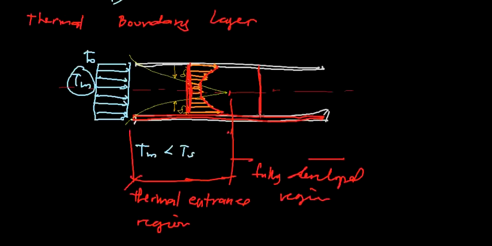So the fluid layer that is in direct contact with the pipe surface will have the highest temperature, and will create a temperature profile that is also a parabolic type.